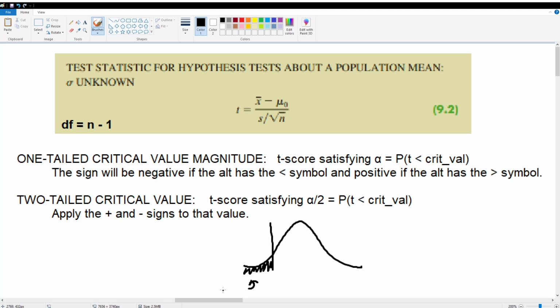So if this total area was 0.05, then this line would be the critical value, or crit. So if the magnitude of our test statistic exceeded that, then we'd have a rejection. So if the critical value was, say, negative 1.5, and our test statistic was negative 1.8, we reject the null hypothesis because that means our p-value should be below the value of alpha.